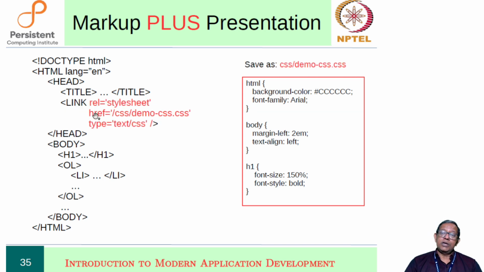The other approach is to save the style specifications into a file. In this case, we are saying that it has been saved into a file called demo-css.css, and in the HTML page we give a link, a reference to that particular file.